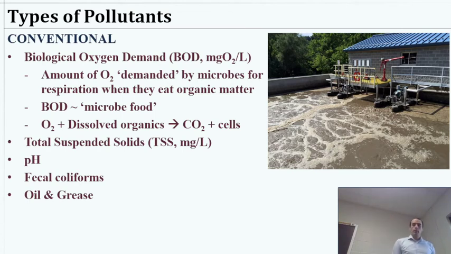Okay, so a bit more about the typical pollutants we're talking about and how they impact our receiving waters, right? The first I mentioned earlier is biological oxygen demand. This little picture here is, by the way, another activated sludge system, and that would be your typical heterotrophic bacteria.